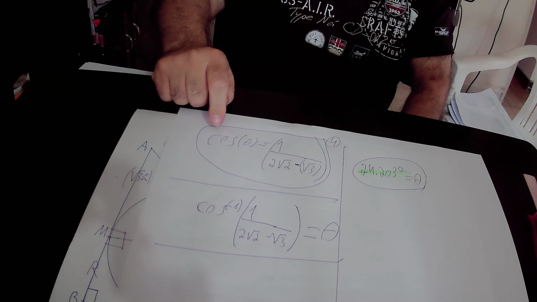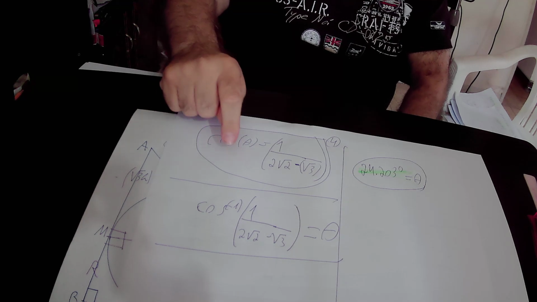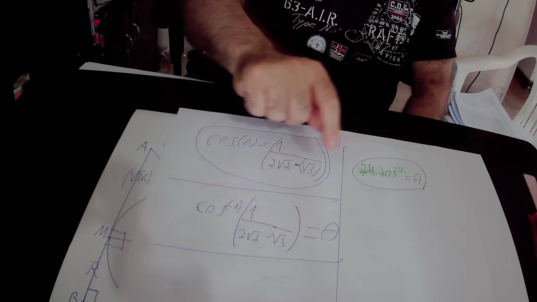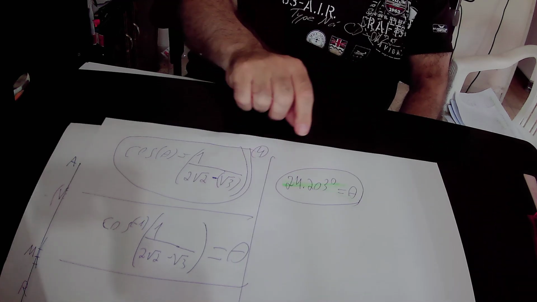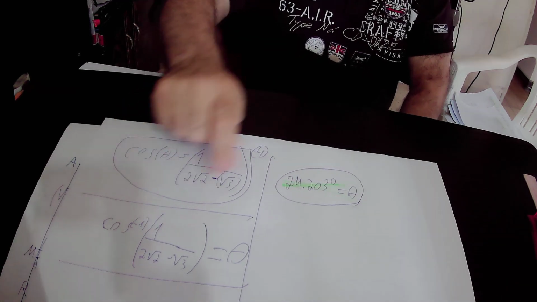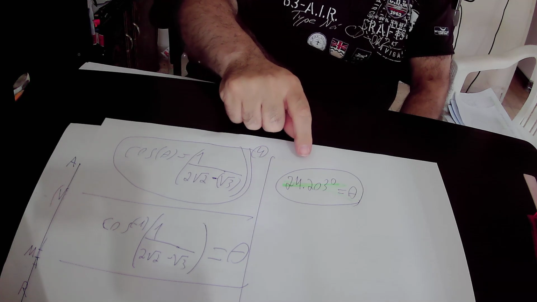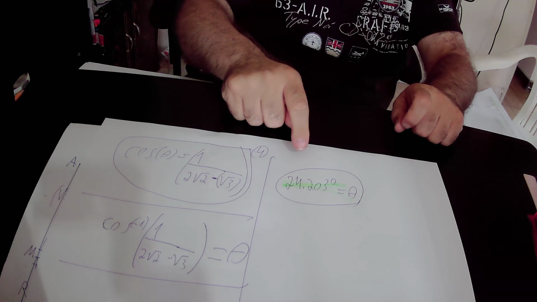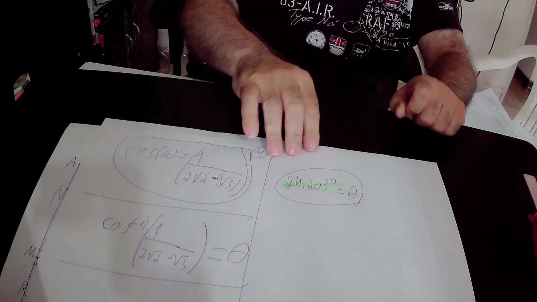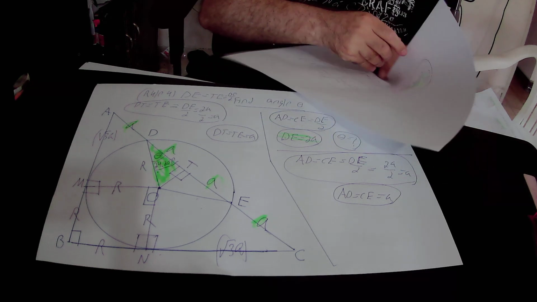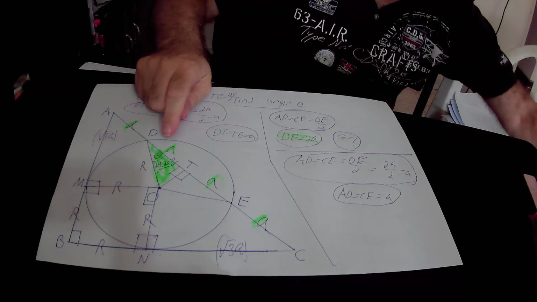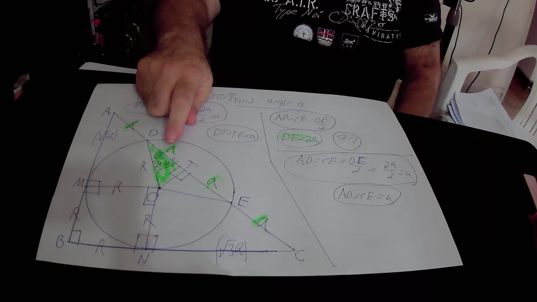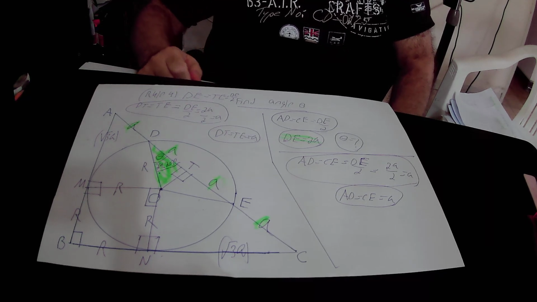If you apply cosine minus 1 on 1 over 2 times square root of 2 minus square root of 3, you will get 24.203 degrees. That is to say, angle theta equals 24.203 degrees. In conclusion, we found that the size of this angle theta is equal to 24.203 degrees. Okay? Thank you very much.